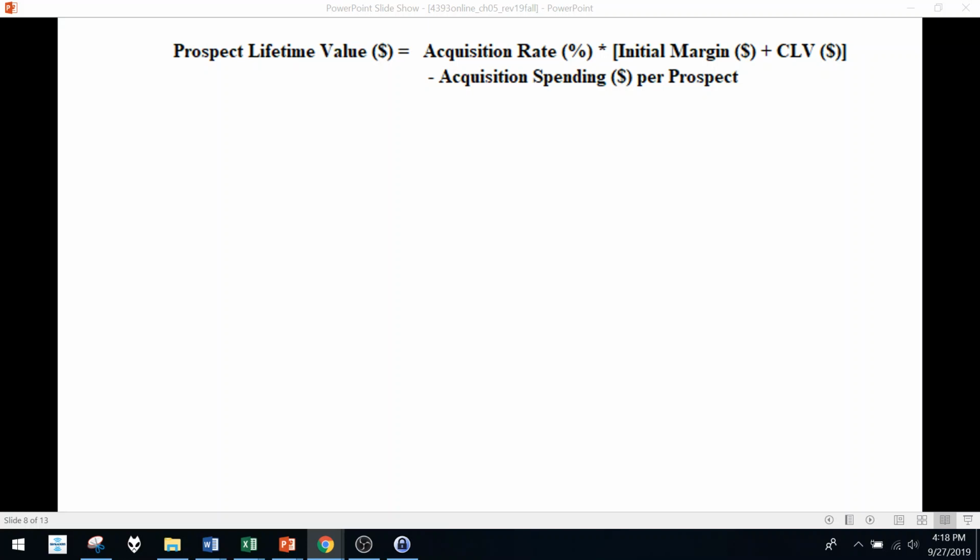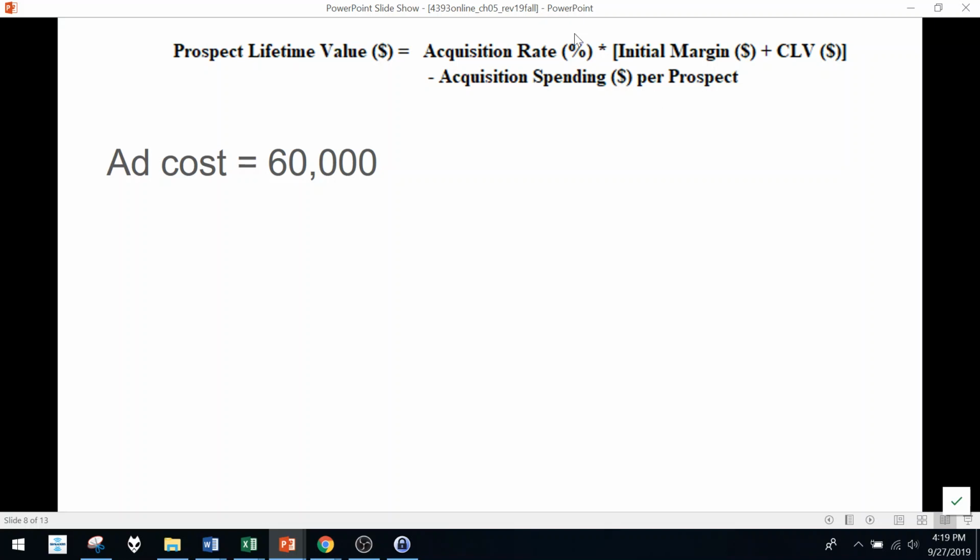Okay, so here's our formula. So we'll just do a quick example related to this. So let's assume that you are in a business and you've been given $60,000 to place an ad.